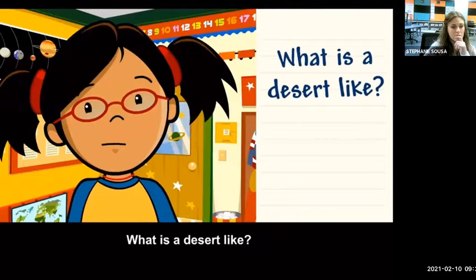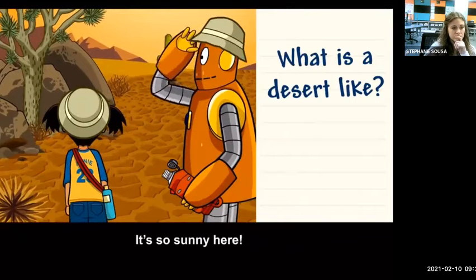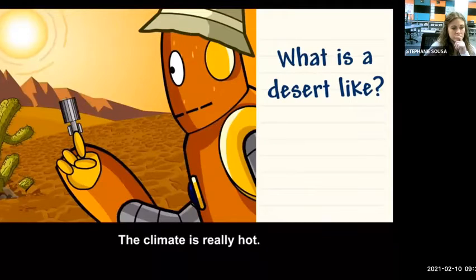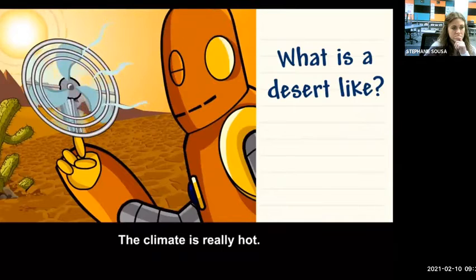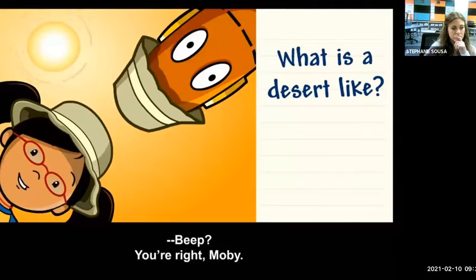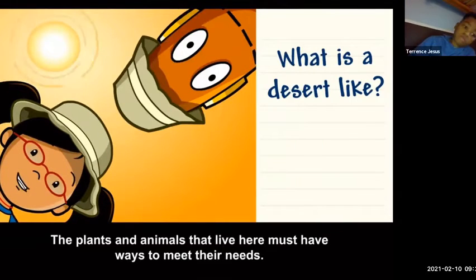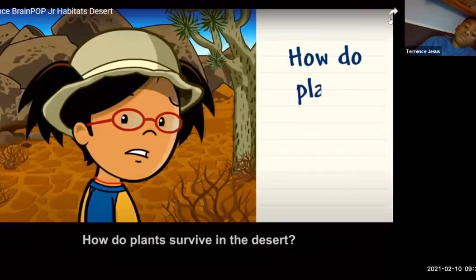Here we go. It's so sunny here. The climate is really hot. And look at the soil. It's dry and cracked. You're right, Moby. The plants and animals that live here must have ways to meet their needs. How do plants survive in the desert?